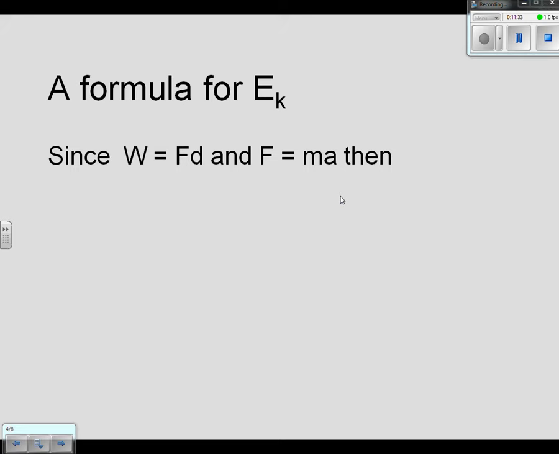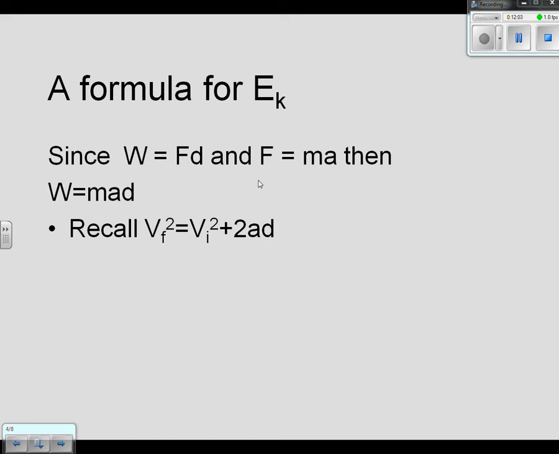Okay, so anyways, W is FD. Do you remember that, of course, F equals MA? So I'm going to take this MA and plug it in there and I'm going to get MAD. Do you remember this old chestnut? Vf squared equals Vi squared plus 2AD?